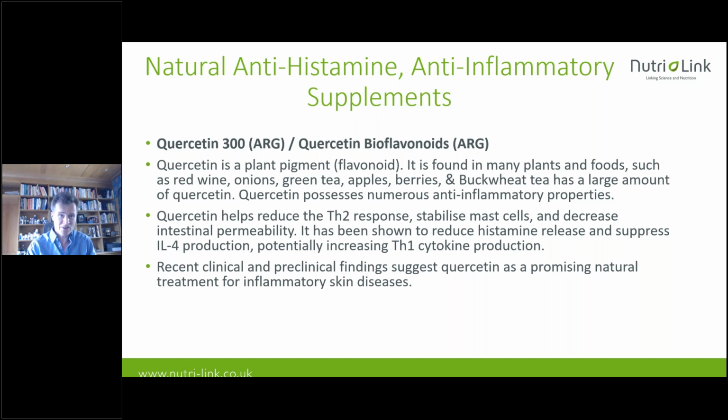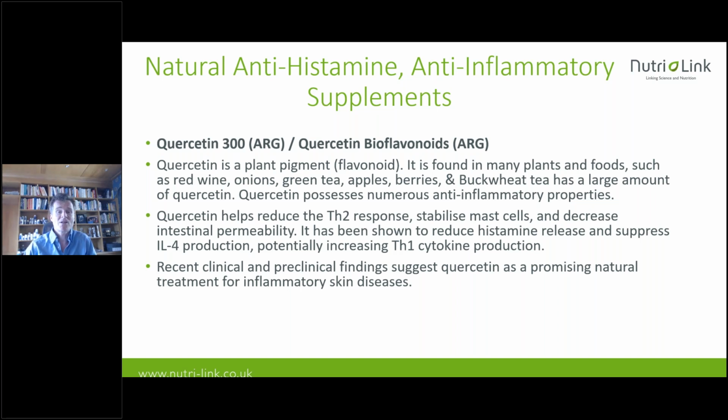Anything that reduces inflammation is going to stop the signaling that may have a negative impact on DNA. It helps to reduce the Th2 response, which is what's overactive in allergy, so it stabilizes mast cells and decreases intestinal permeability. Very important indeed. If you've got that going on wrong, then that can lead to a massive array of immune reactivity and increased allergy.